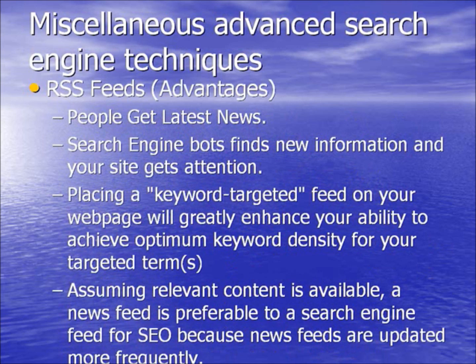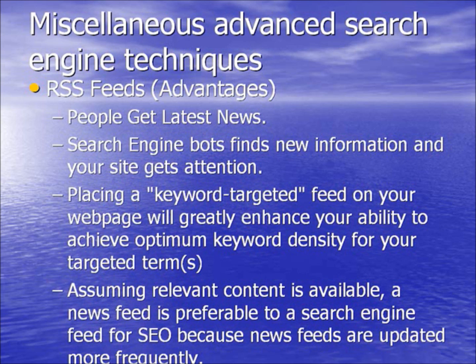The advantages of RSS feeds are that people get the latest news and information. Search engine bots find new information and your website gets attention. Because your website has new information, the search engine thinks it's important, indexes it, and maybe puts it higher in its results. It is important to put a keyword targeted feed on your website.